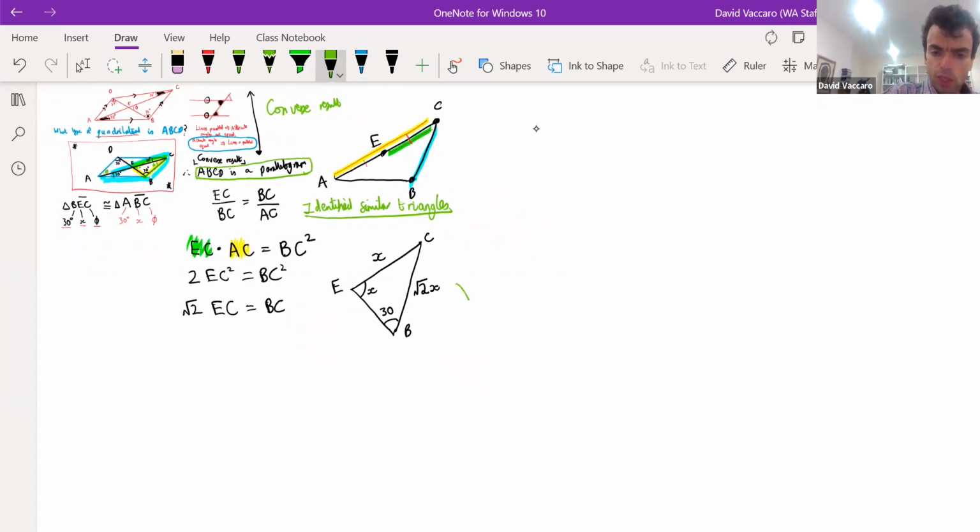Okay, and now we've reached this point. Oh, I shouldn't have used X and X. So I'll call this length, actually, do you know what I can call this length? I can just call EC 1 because I can just scale my ruler so that it's 1.